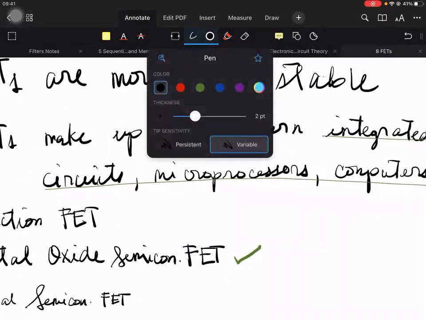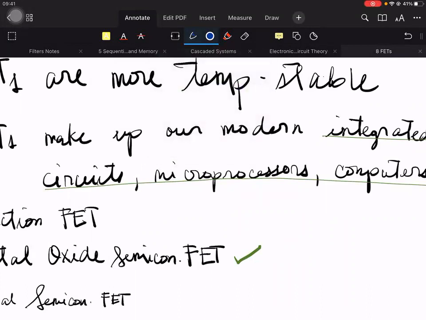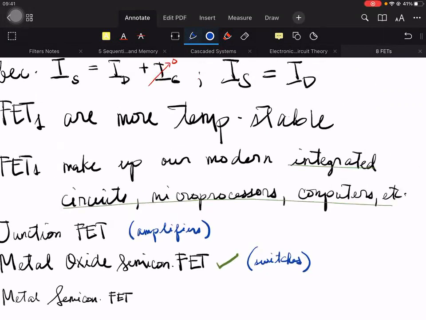So junction FETs are more used as amplifiers, while MOSFETs are more used as switches or switching circuits, which is the basic building block of computers and microprocessors. Okay, basically, di ba?